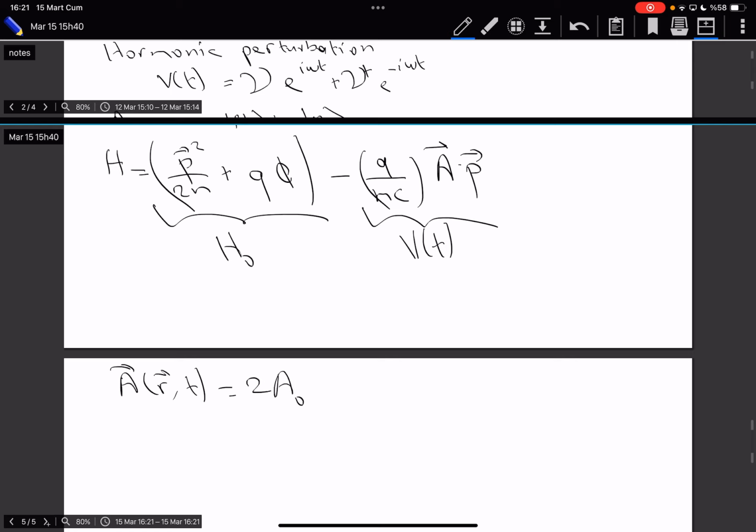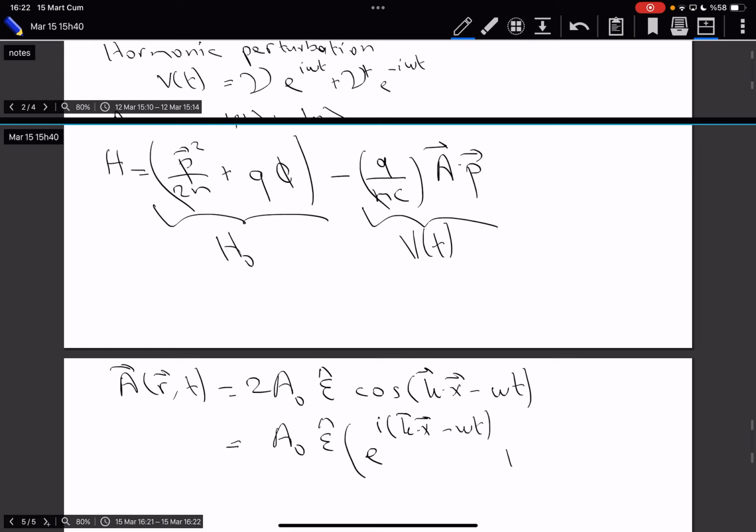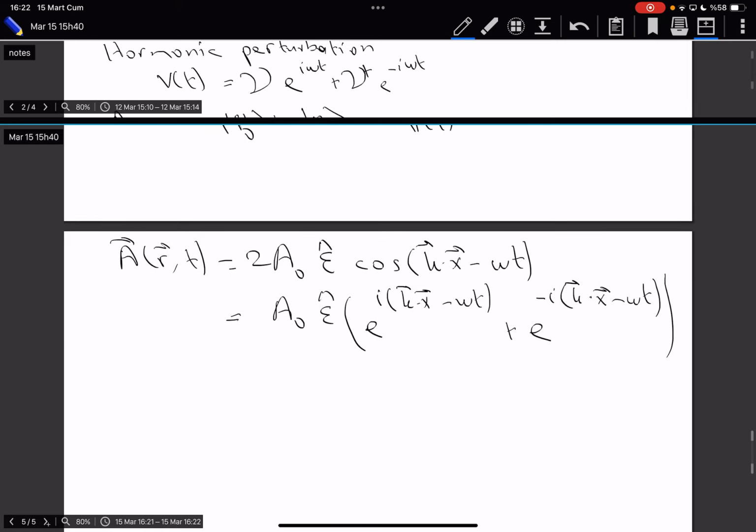It is 2A0 epsilon hat, that is the polarization vector, and then we have the cosine of (k dot x minus omega t), which I can also write as A0 epsilon hat times (e to the power i(k dot x minus omega t) plus e to the power minus i(k dot x minus omega t)). But I'm practically done.